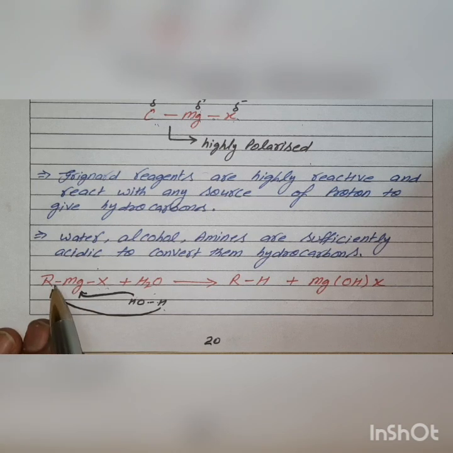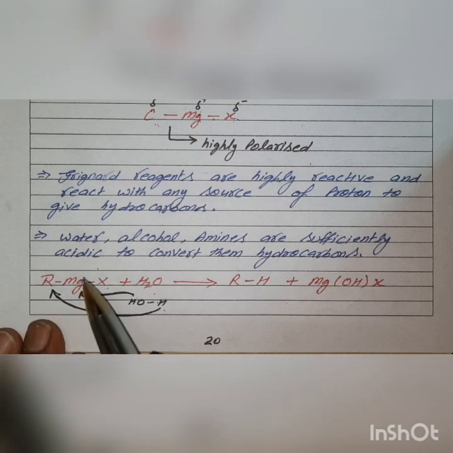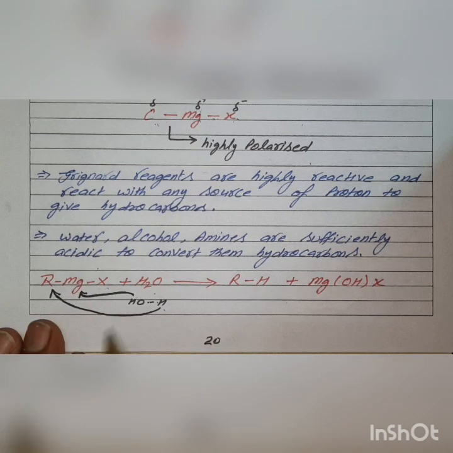Carbon has both tendencies, electropositive and electronegative, equally. Hydrogen is electropositive, and in the Grignard reagent the carbon atom behaves as electronegative, so the positive part moves towards the negative portion. So hydrogen moves towards the carbon atom and OH moves towards Mg.